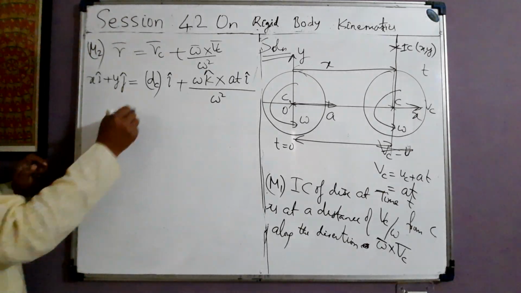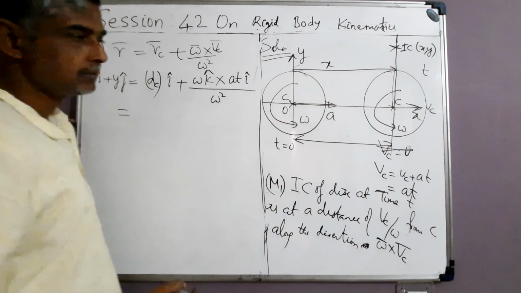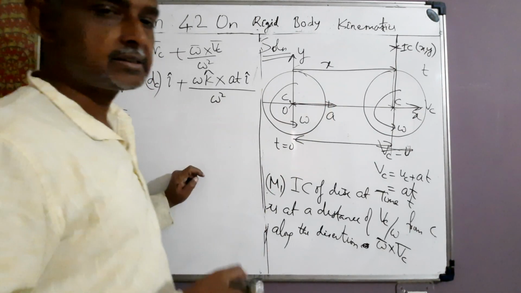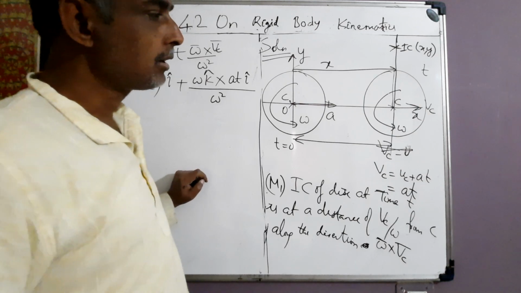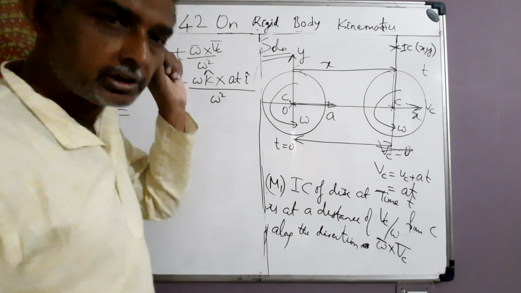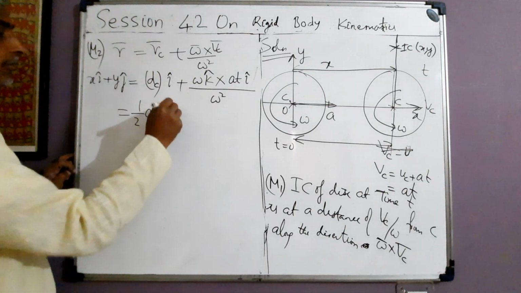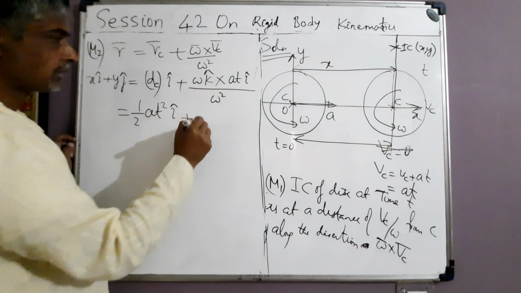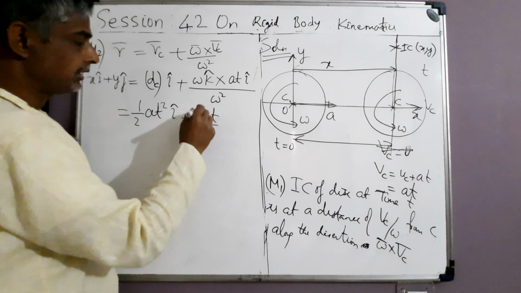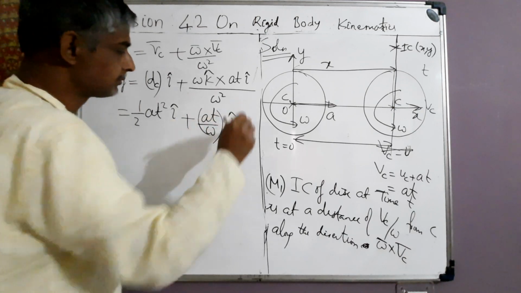So dc is the displacement of center C of the disk. Center C is moving along the positive x-axis with zero initial speed and a constant acceleration a, and is initially at the origin. So dc is simply half at square i hat. One omega cancels out. At by omega k hat cross i hat becomes j hat.